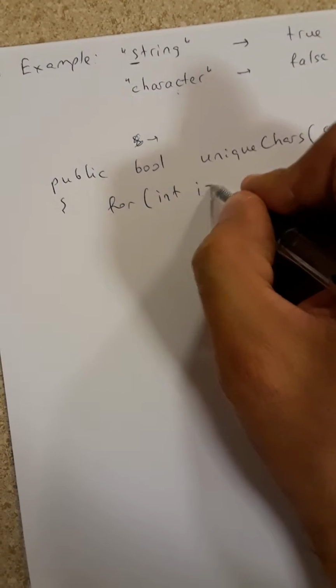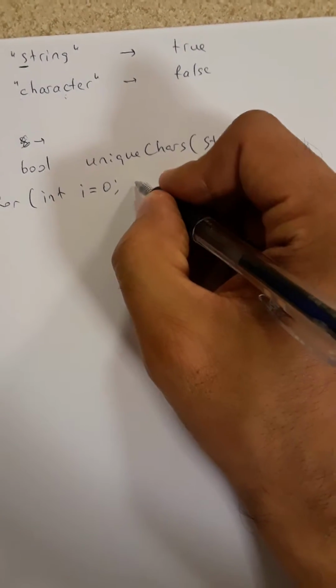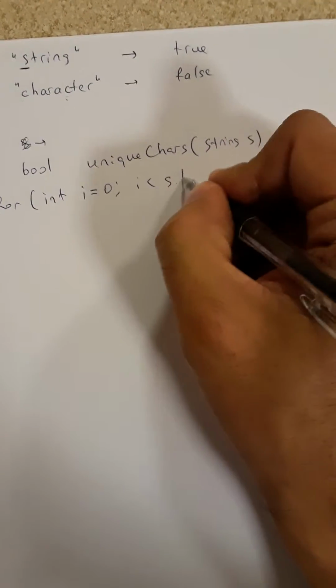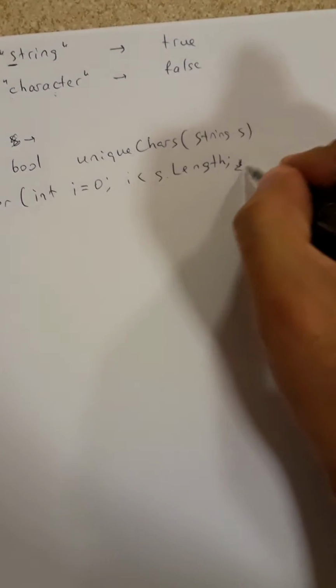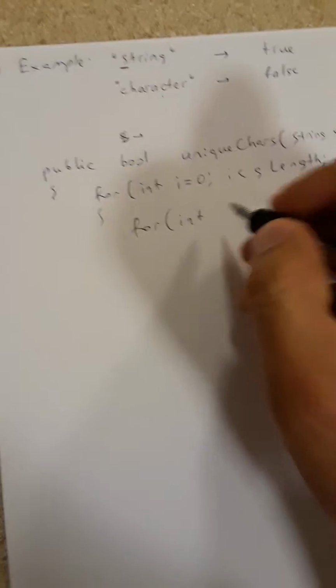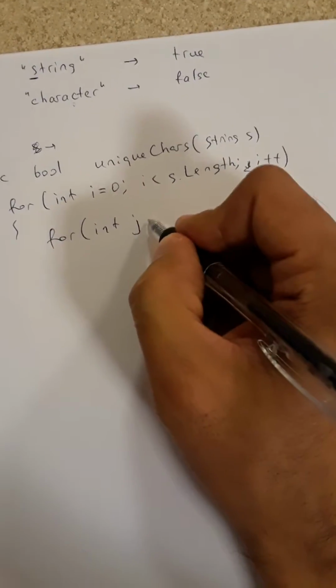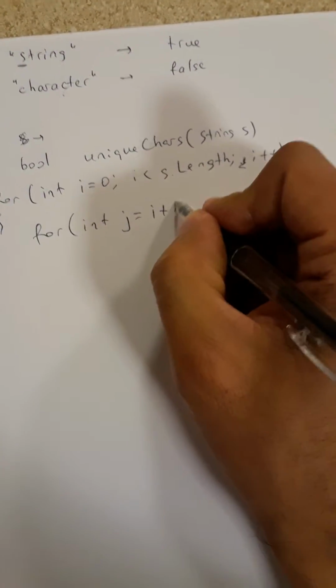The first for loop will always start from the first element in the string, and I will always increment my i value by 1. And for the second for loop, the value of j will be i plus 1.